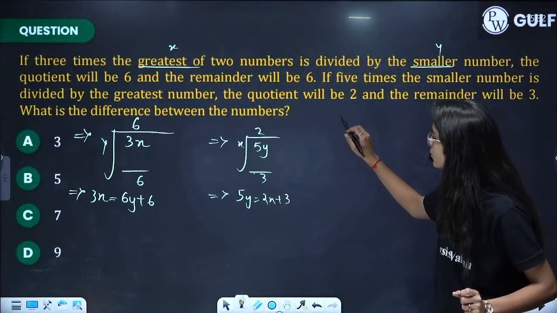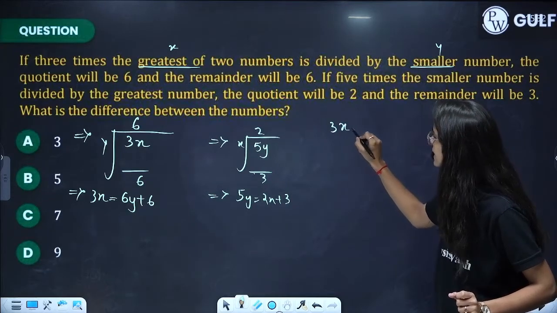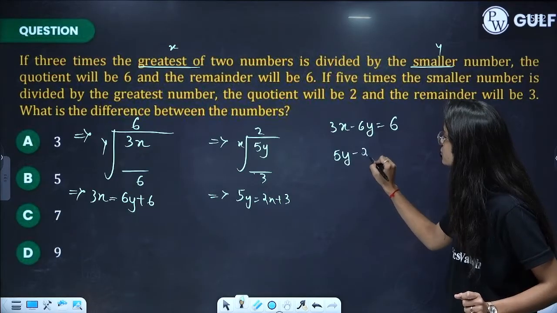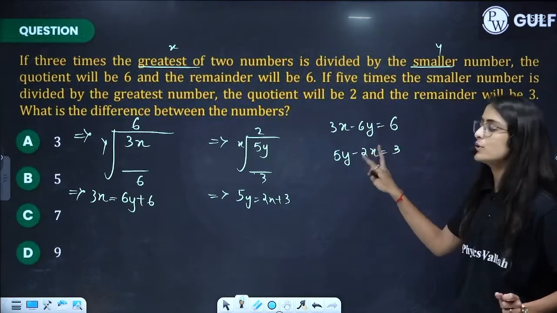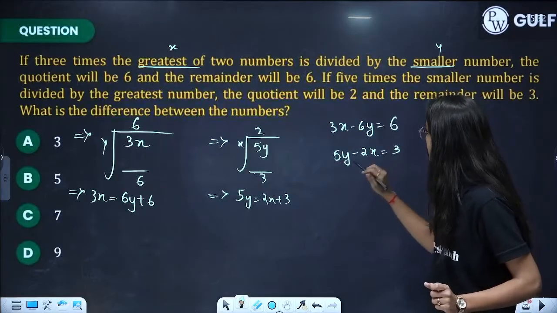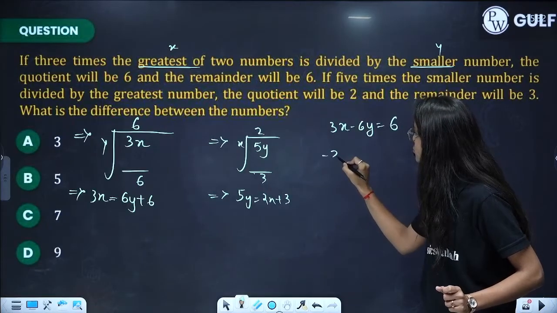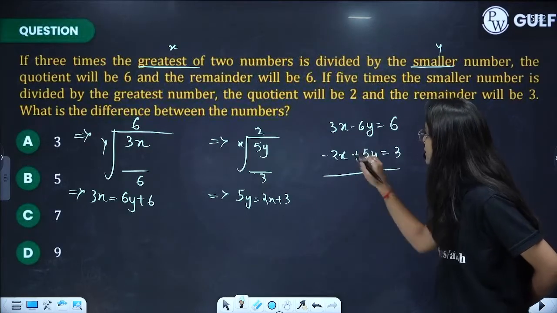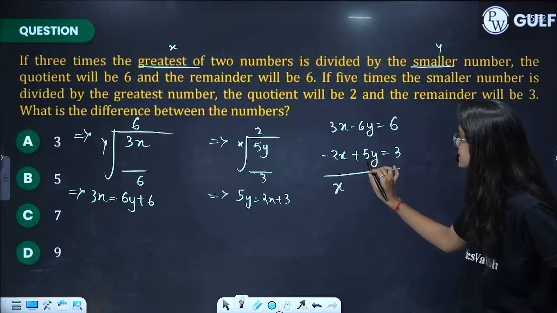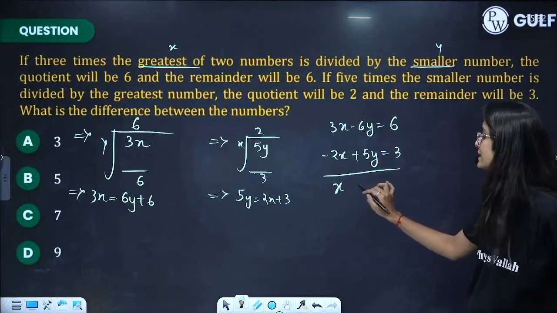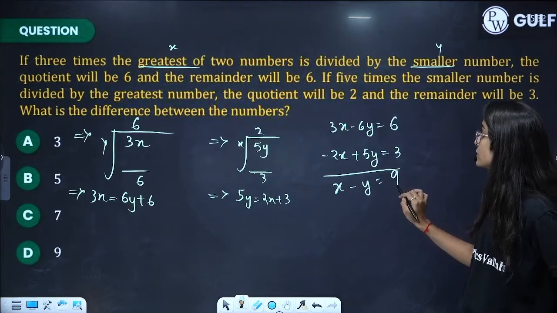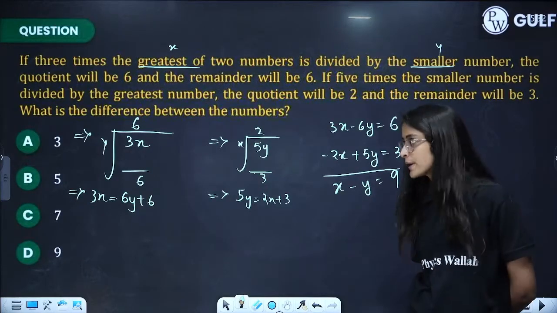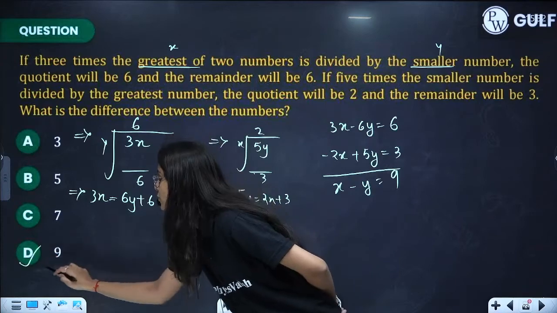So that will be 3x minus 6y is equal to 6 and 5y minus 2x is equal to 3, or you can rewrite them as minus 2x plus 5y is equal to 3. Adding them, 3x minus 2x is equal to x, minus 6y plus 5y is negative y, and 6 plus 3 is equal to 9. See, you have already obtained the difference of the numbers x and y. Okay, so that is equal to 9, which satisfies your option D.